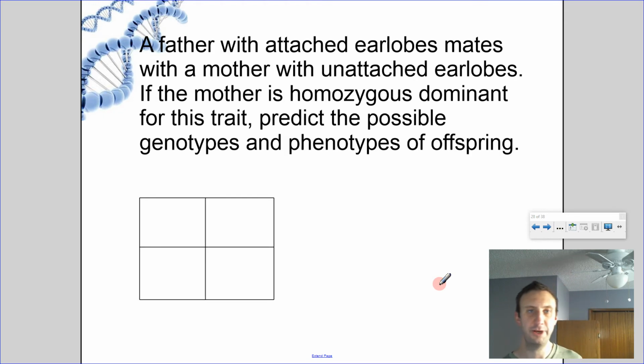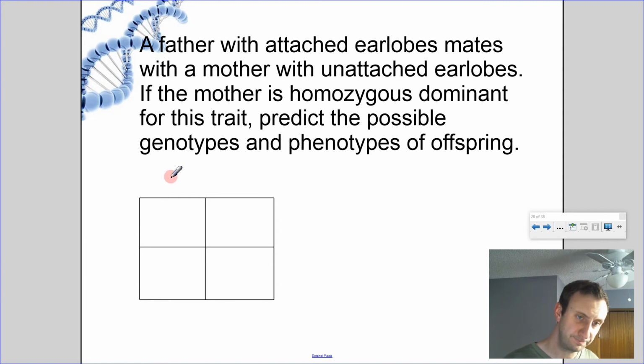All right, let's try this one out. A father with attached earlobes mates with a mother with unattached earlobes. If the mother is homozygous dominant, predict the possible genotypes and phenotypes of offspring. So unattached earlobes are dominant based on the fact that mom is homozygous dominant. Why don't we use capital E for this, for earlobes?